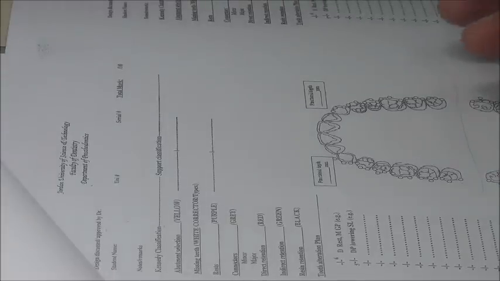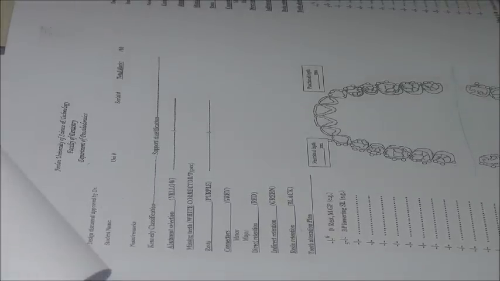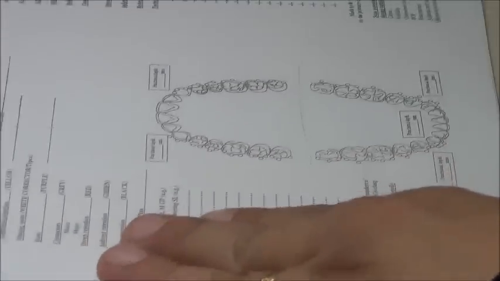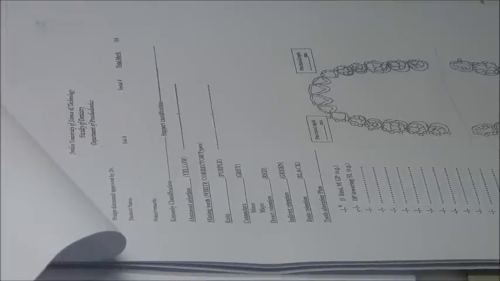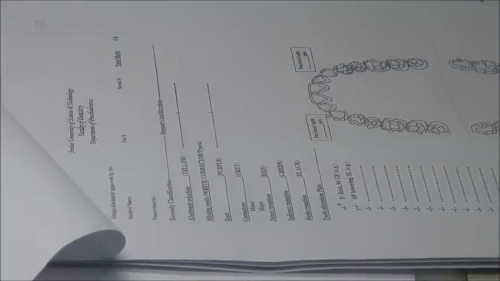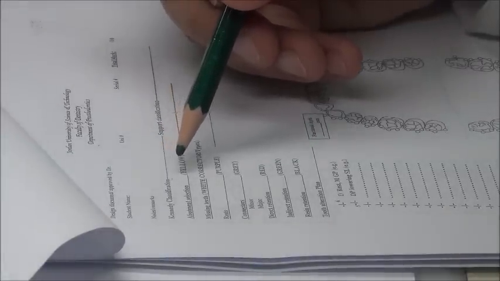It's very important that you try to correlate between the Kennedy classification and what my design will be. Provisionally, they are communicating with each other, okay? For any cast you get, you should fill in the Kennedy classification.